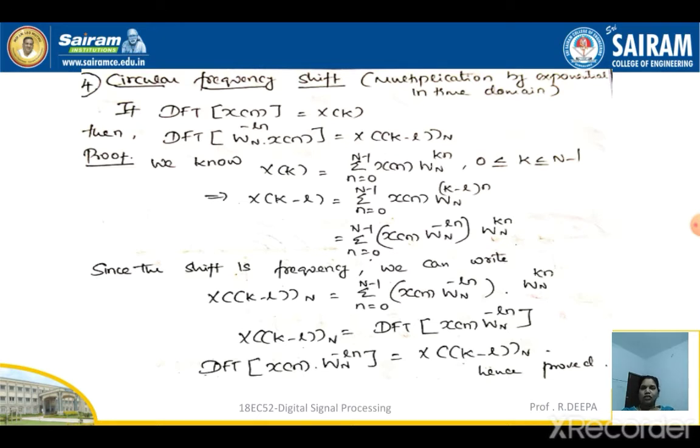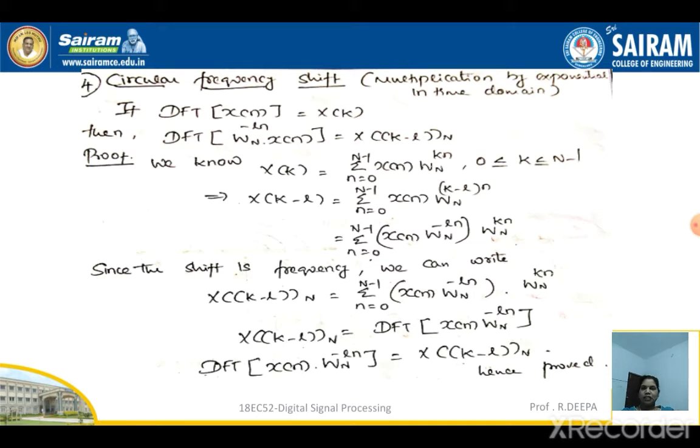If the DFT of x of n is equal to X of k, then the DFT of W_N power of minus ln into x of n is equal to X of k minus l with circular shift N. That is, as I told, the other name is multiplication by an exponential in time domain.